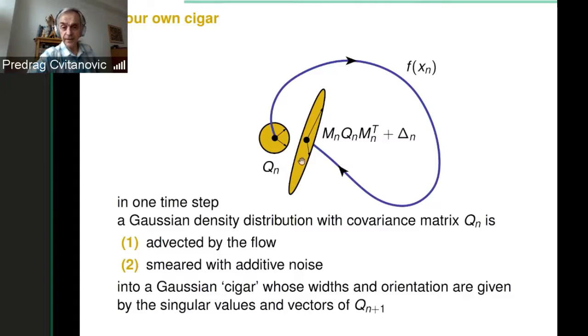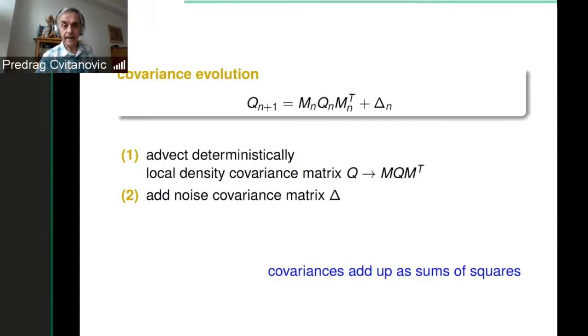And now the result is that if I had the ellipsoid of points at time n, at time n plus 1 the center will move by the deterministic law, but the neighborhood will deform as a combination of where I was before, deformed by the deterministic thing, plus my noise, and as covariances add, this adds. And that's the law of evolution of covariances.